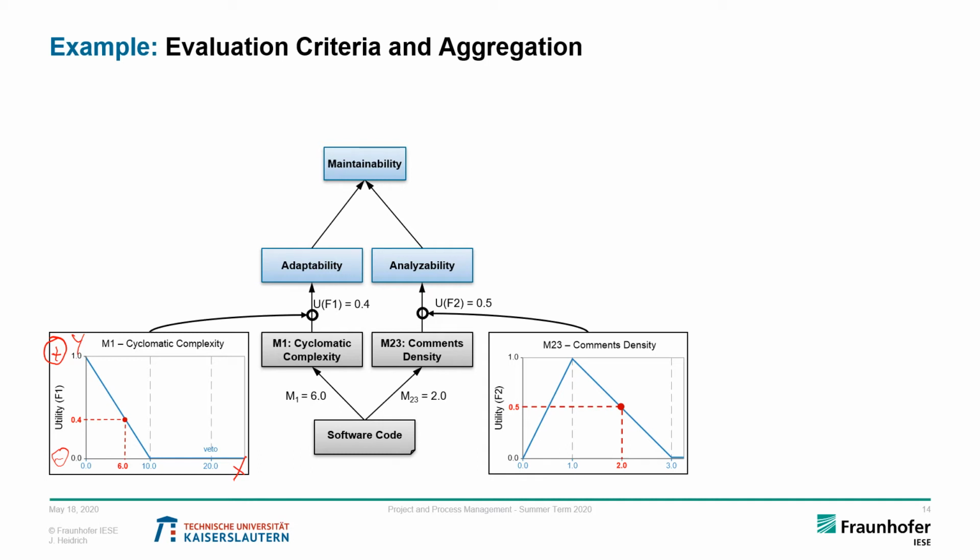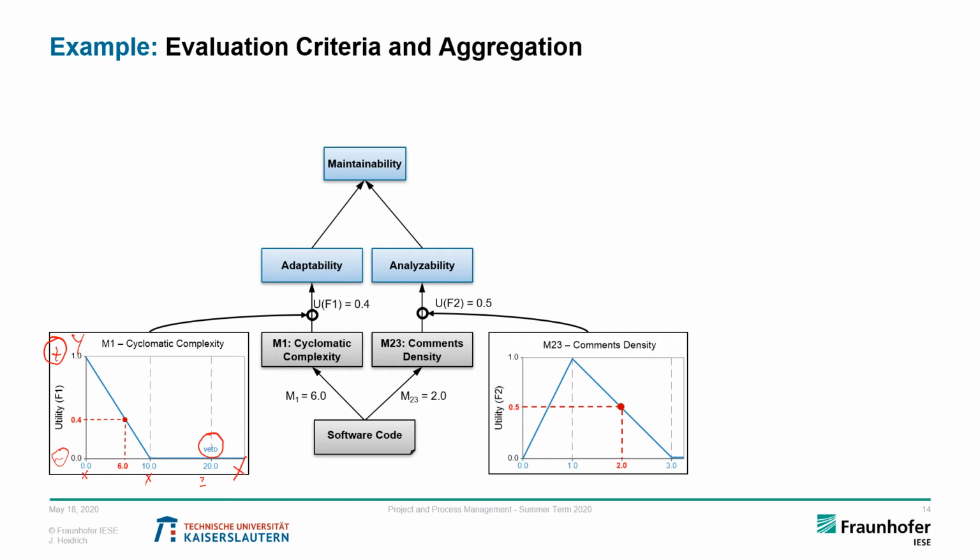So if cyclomatic complexity is 0, that's in theory the best situation, which will seldom happen. And if cyclomatic complexity is equal to or greater than 10, from there on we have the worst evaluation, and we have defined an additional veto here, where we would reject every software that has a cyclomatic complexity of greater than or equal to 20.